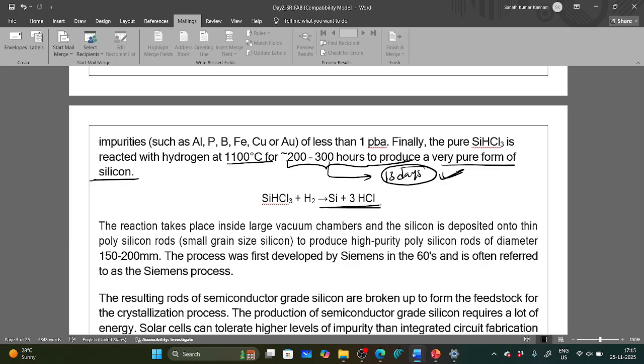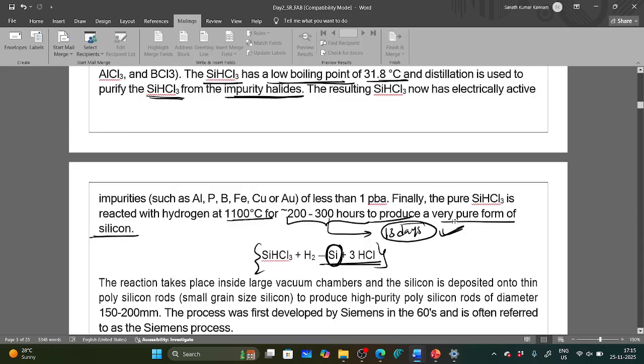So this is the pure silicon we are getting and using in the semiconductor industry. Did you understand the process that is happening?